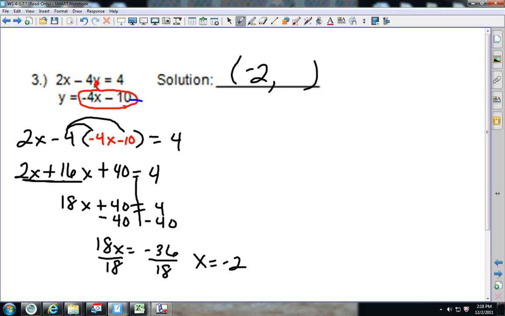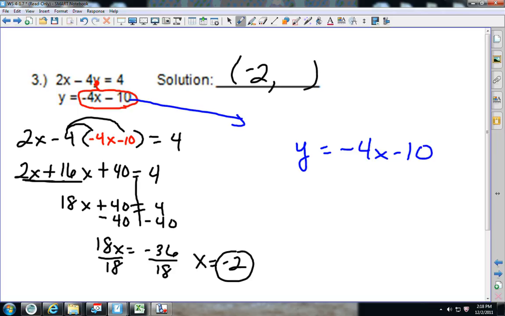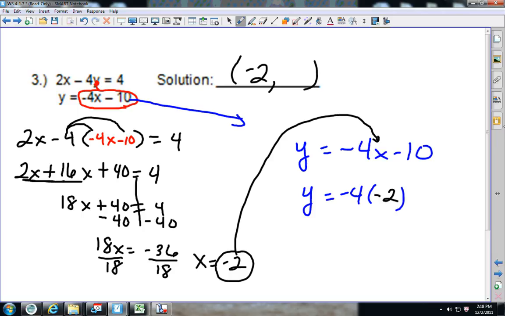Choose one of the two equations. Again, I use the one that's already in y equals or x equals. Okay, it says that x is negative 2, so I'm going to put this in here. I have y equals negative 4 times x. X is negative 2 minus 10. Y equals 8 minus 10. Y equals negative 2.